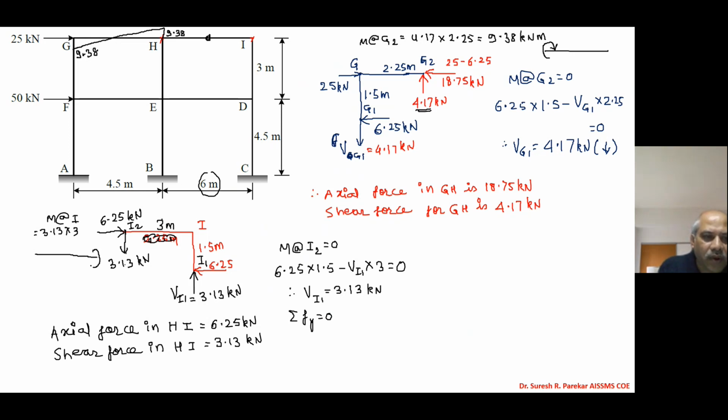To balance it, we have clockwise, which is at I, and the value will be 9.39 kilonewton meter, and then we have this value in this fashion. Same, we have the bending moment diagram on the tension side, 9.39 kilonewton meter. So you may have a question to plot the bending moment diagram, and in that case you should be in a position to plot it. So this is the first problem where we have this BMD.